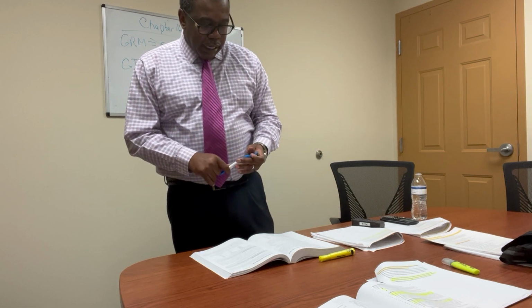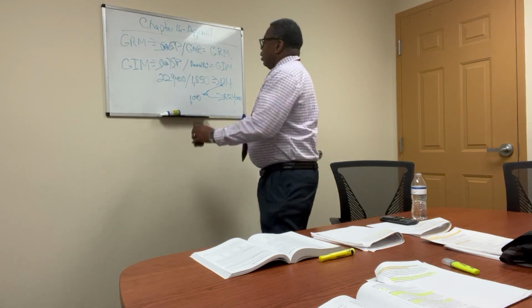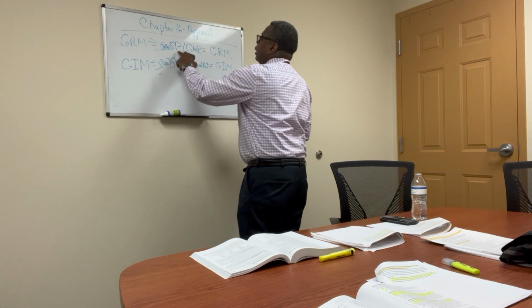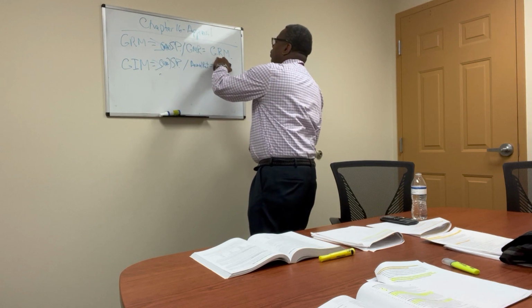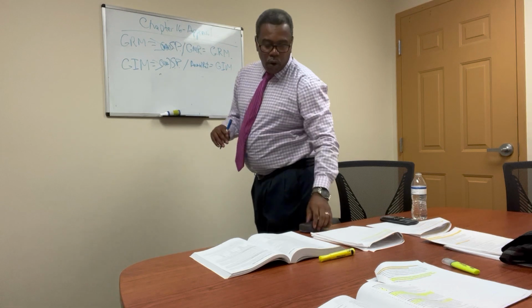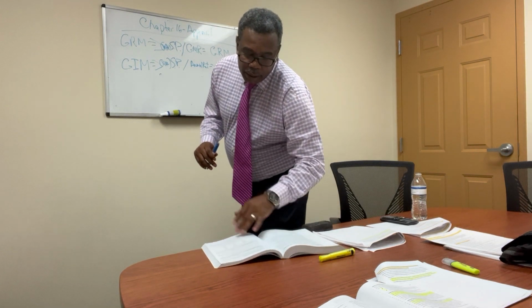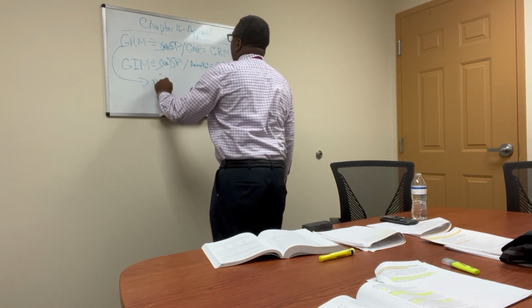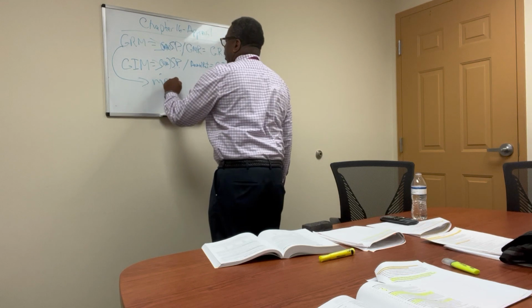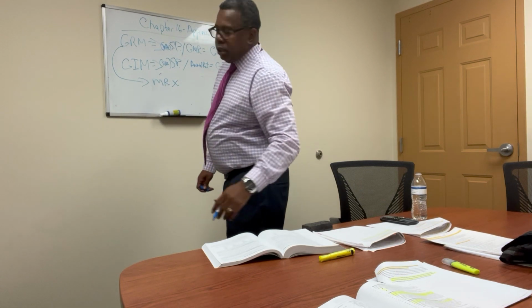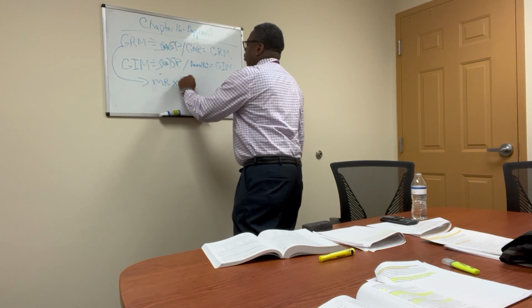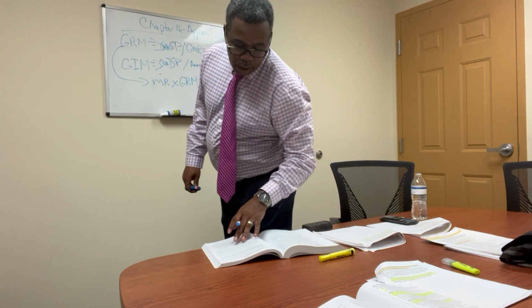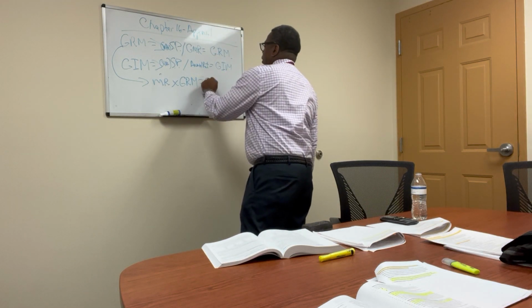And then the formula, how you would estimate market value: the gross rent multiplier is sales price divided by gross monthly rent, equals the GRM. Or the opposite version of that would be the monthly rent times the gross rent multiplier equals the sales price or the market value.